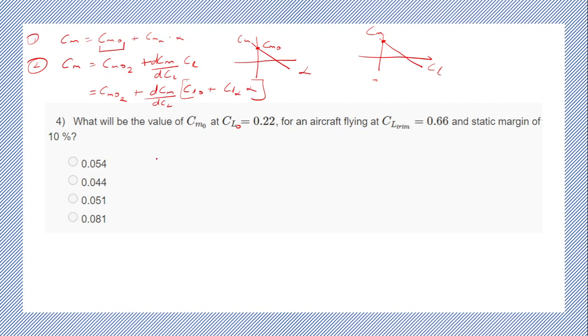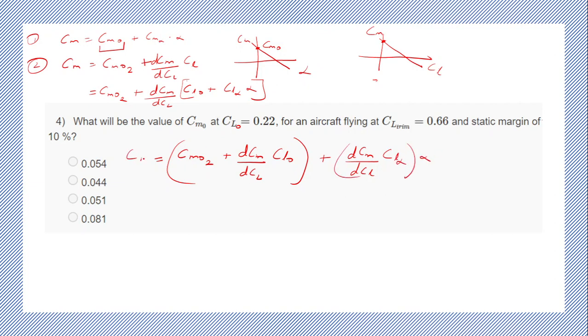Now, if you take terms that are dependent on alpha and independent of alpha, separate them. So what do you get? You get CM naught 2 plus dCm upon dCl into CL naught, which is independent of alpha, plus dCm by dCl into CL alpha alpha. Correct?